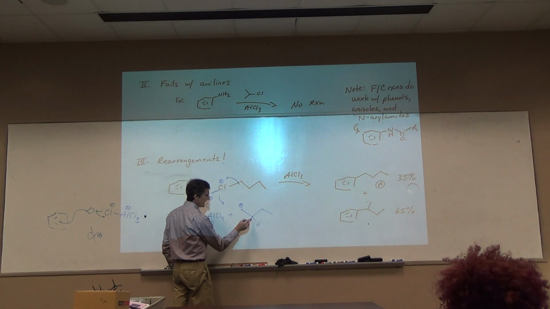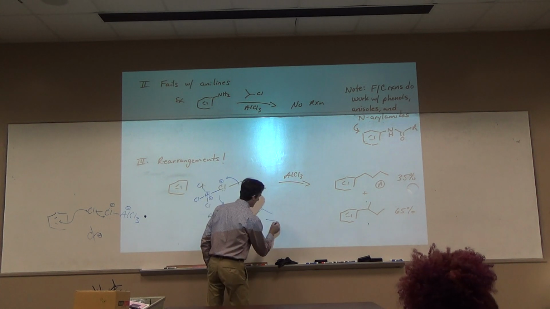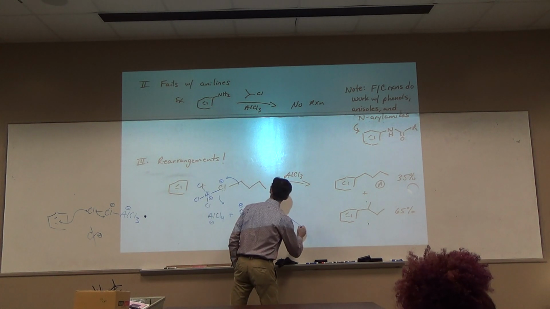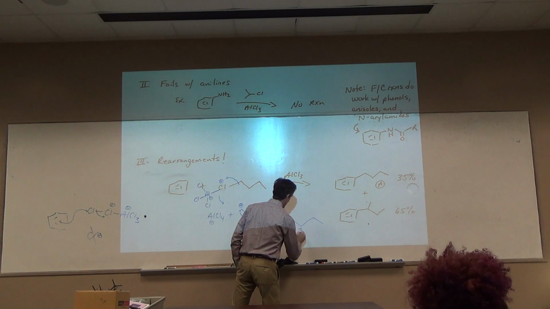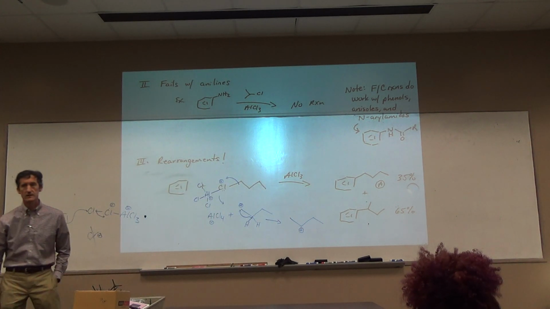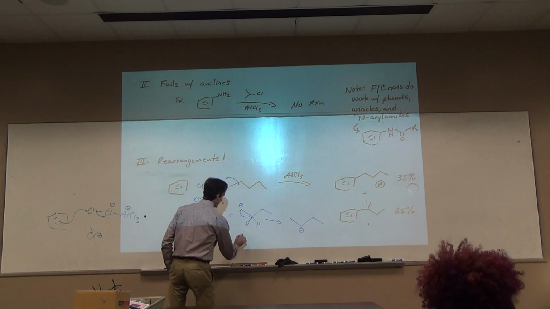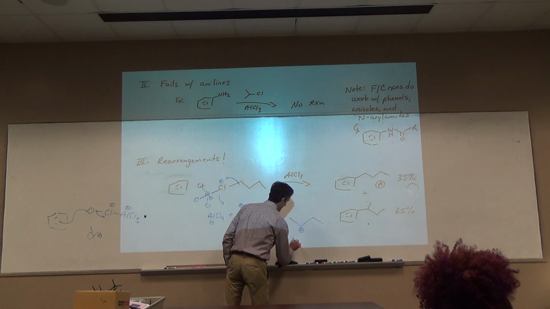Because this can rearrange these electrons, we break them free and move them over here. And we get that carbocation, 1H remaining on the carbocation. Go from primary to secondary.